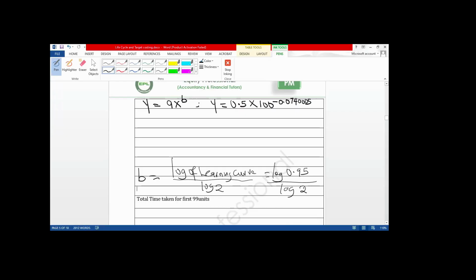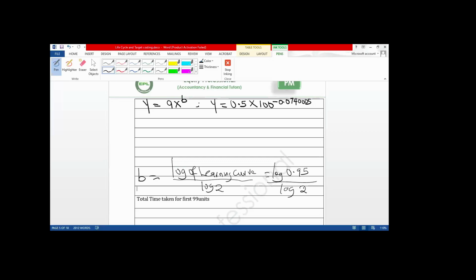We are going to check the calculation. Log of 0.95 divided by log 2. Please confirm the answer. What I have is minus 0.0740058144. Yes. That's fine.